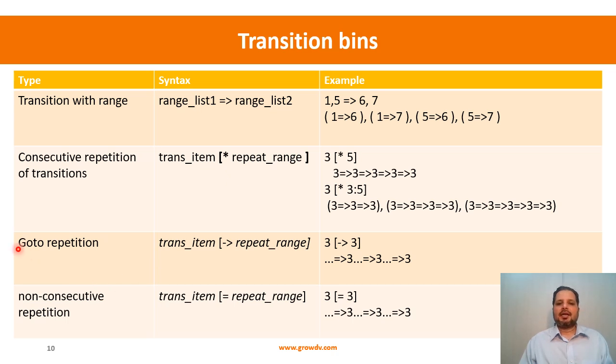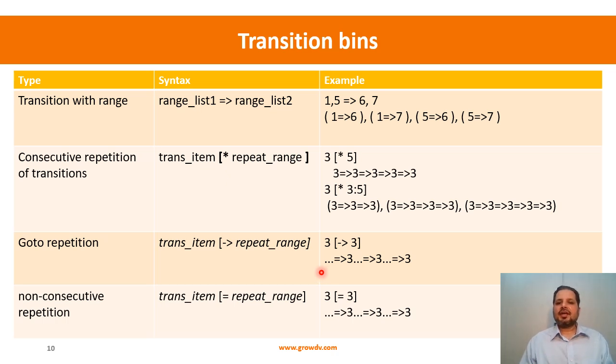Okay, and then we have the Goto repetition. So the syntax looks like this. We have the transition item with the hyphen and greater than symbol, then the repeat range. You can specify a range or you can specify a single value. So if I specify Goto repetition of 3, then it's in a way a non-consecutive repetition.